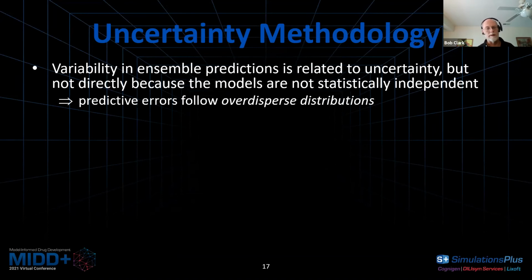Other groups working in this area have looked at using variability in ensemble predictions as a descriptor for modeling average uncertainty. But we looked at it as a statistic that can tell us what range of uncertainty to expect, which is a subtle but fundamentally different perspective on things and gives you some fundamentally different answers.